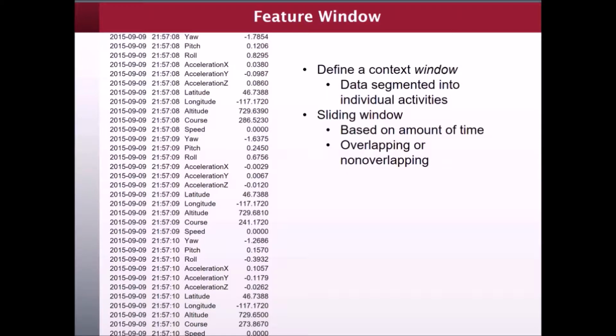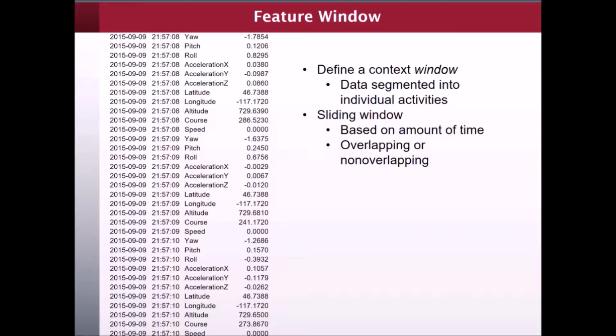And since it is defined continuously, our goal is to determine at any particular point in time what the individual is doing in terms of an activity label. So we need to first determine how much of that data we're going to use as a context for labeling an activity. To define a context window, there are several approaches we can take.